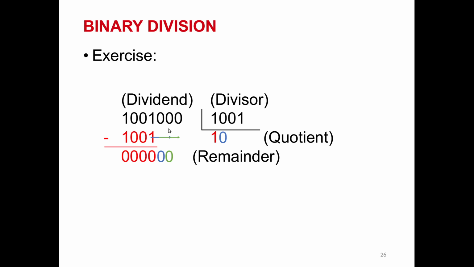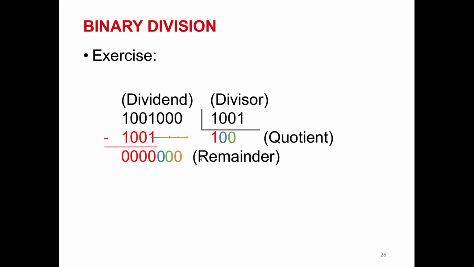So instead of that, we can consider it like this. We don't shift this divisor to the right, but we keep it stable, and we shift the remainder one bit further to the left, and we will have the same result at the end.